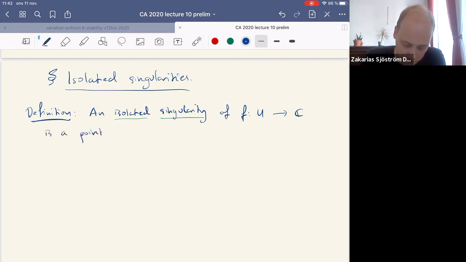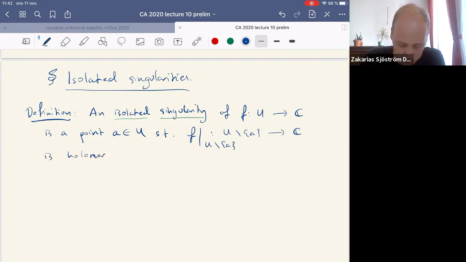So what we mean by that is a point a in U such that if I remove this point and restrict the function, so this restricted function should be holomorphic.